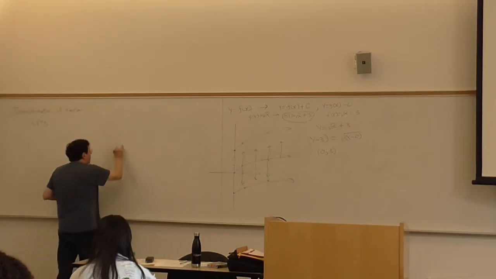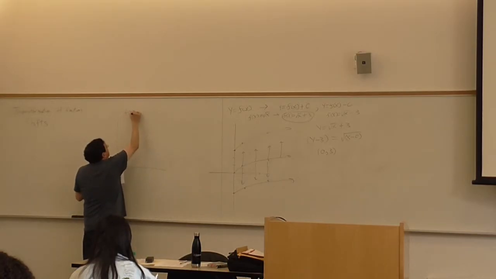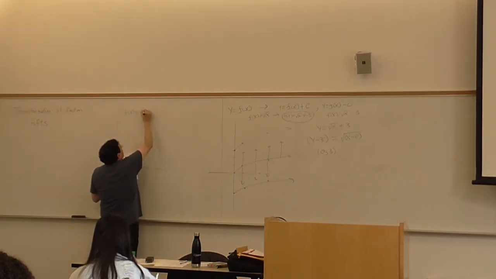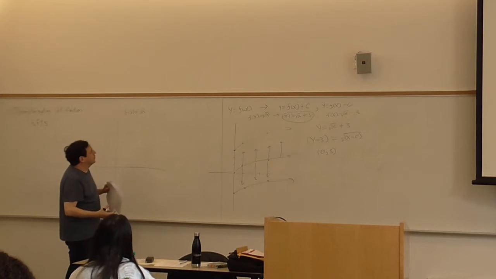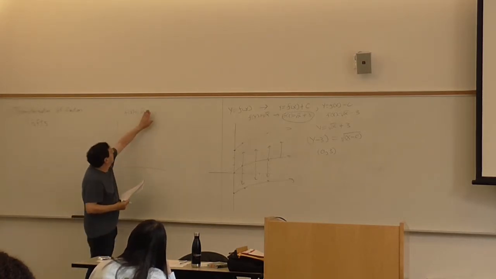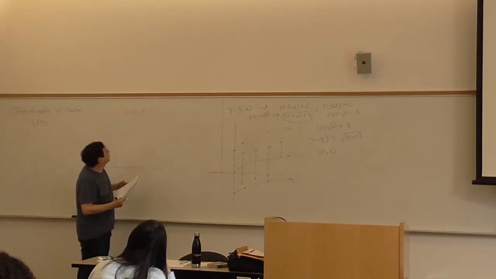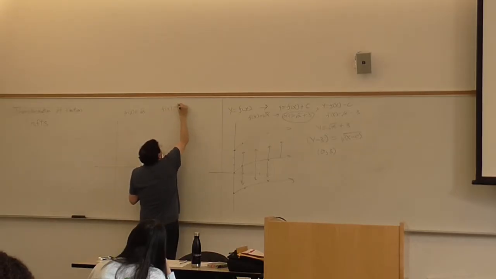What I want to do now is stick with the same function, f of x equals square root of x. But I want to know what happens if instead of adding on a constant to the function, I say f of x equals square root of x plus 3.